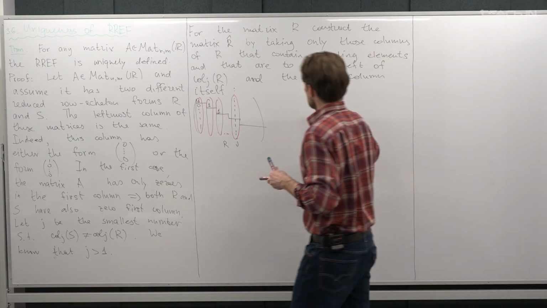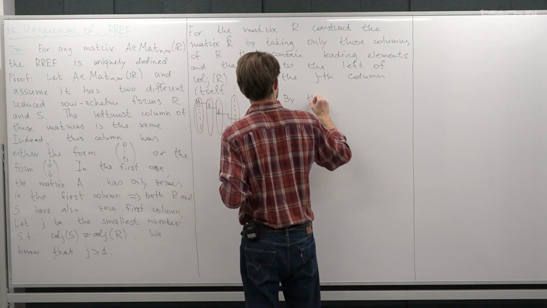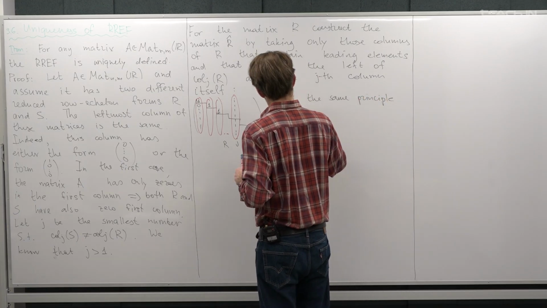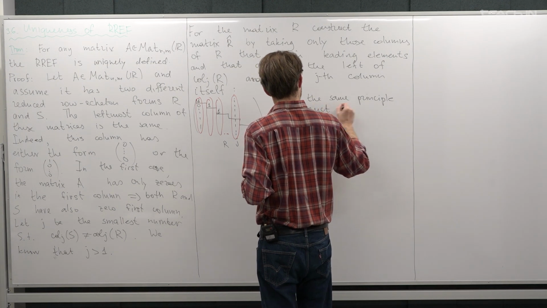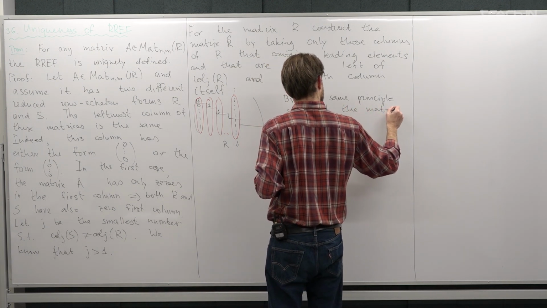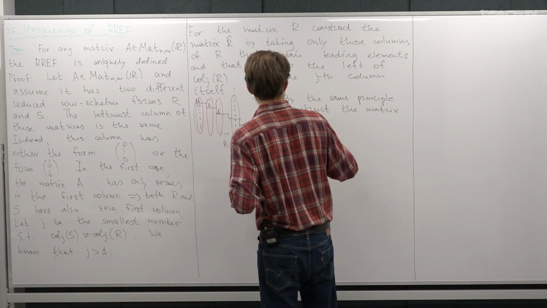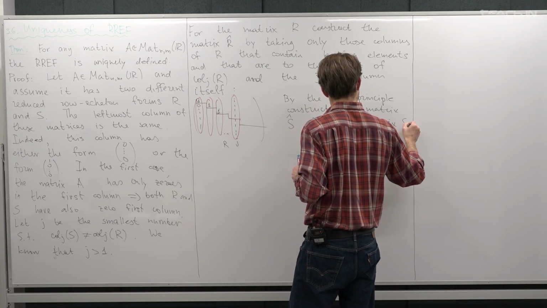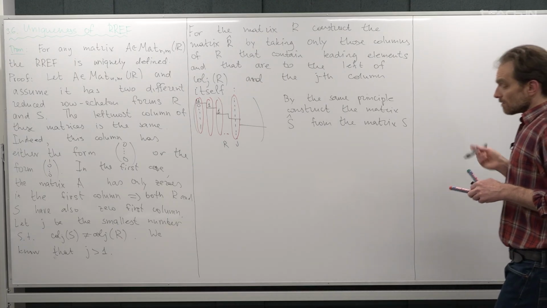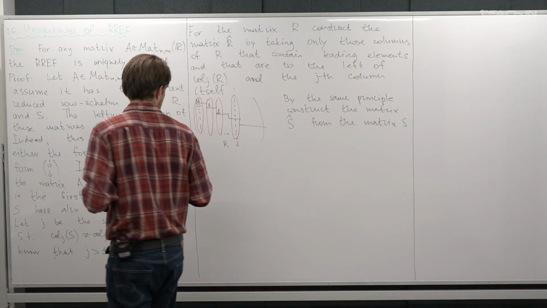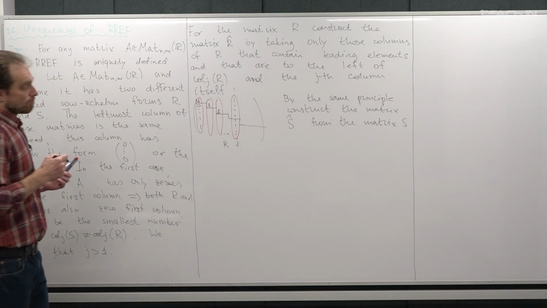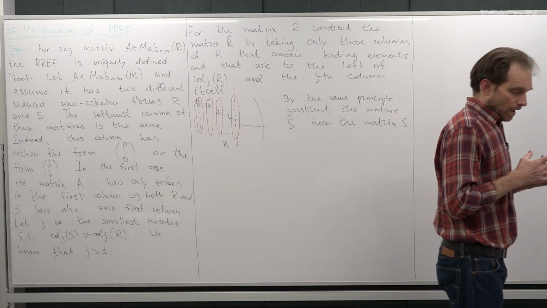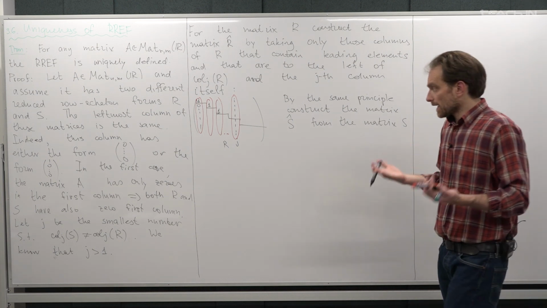So by the same principle, construct the matrix S with a hat from the matrix S. So let us look at those matrices, and now I'm going to consider different cases of the forms they can have.